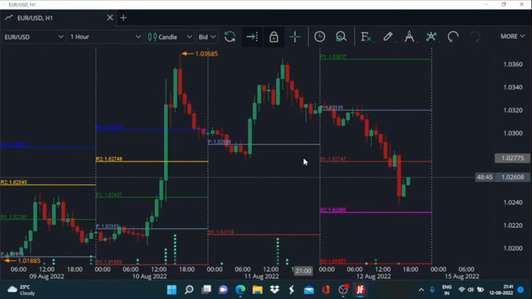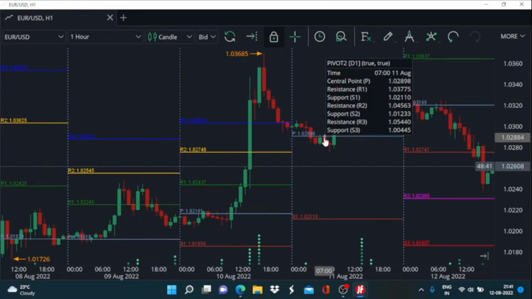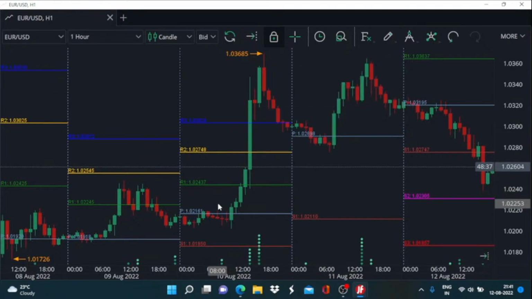Now here you can look at this formation, and as I said, the most important point is the central point, the pivot point, and we consider it to be a dividing factor in the sentiments for going long or short. It is advisable that if the price is holding well above this pivot point, then we should concentrate on going for the buy trade, and if it is below it, then we should preferably go short.